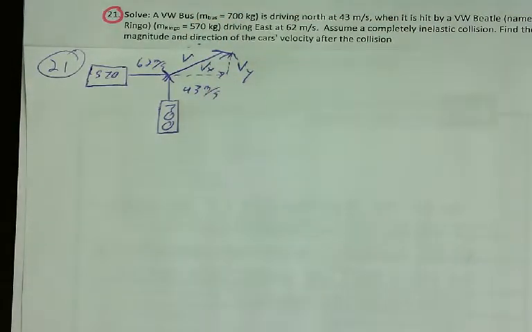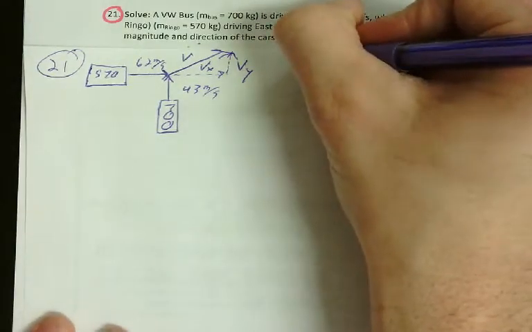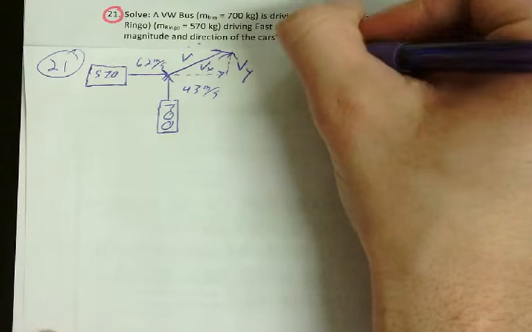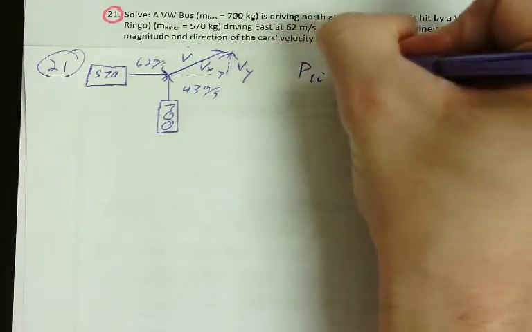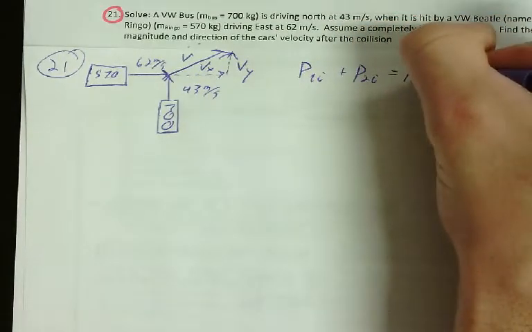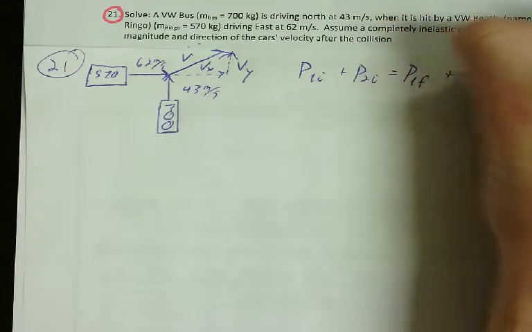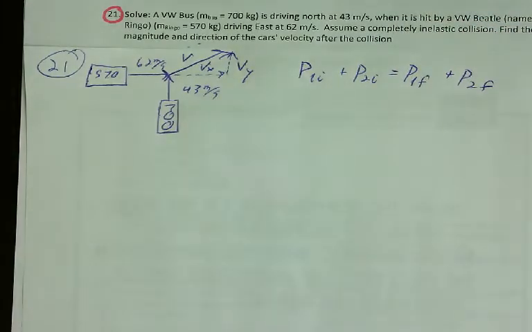So there's some x velocity forward, some y velocity up and down, and then some angled velocity. So the equation we're going to use is conservation of momentum, because these are two objects colliding together and sticking. That's a momentum thing. So the momentum of object 1 initial plus the momentum of object 2 initial equals the momentum of object 1 final plus the momentum of object 2 final. So we're going to do that equation and set it up.